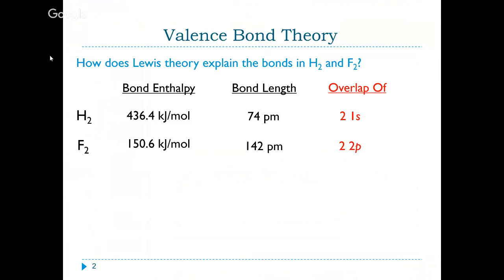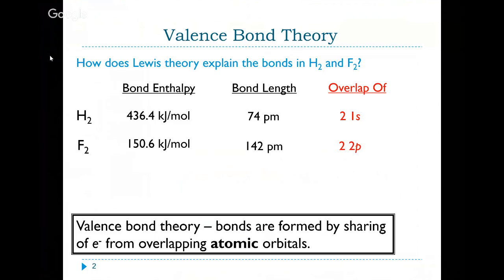So now we're going to have an overlap of our p orbitals. And remember, they're different in shape, right? S is a sphere, and the p orbitals look like an infinity symbol, or we call those dumbbells. So your valence bond theory basically states that bonds are formed by sharing electrons from overlapping atomic orbitals.